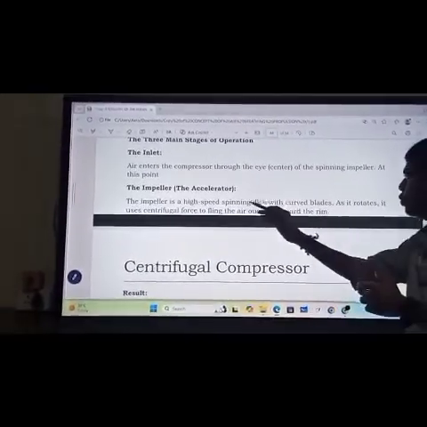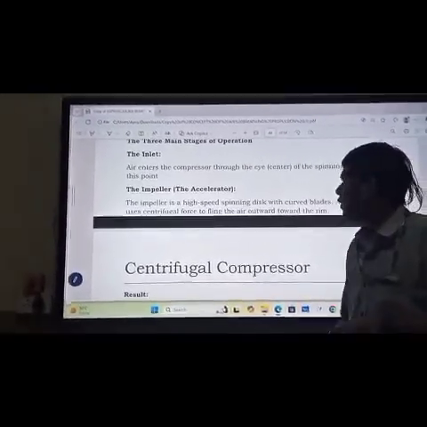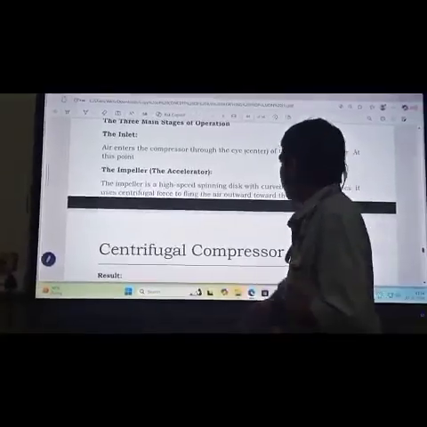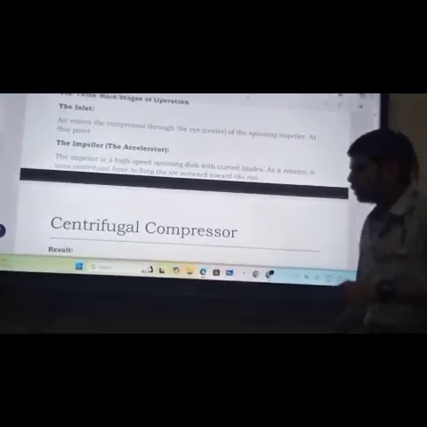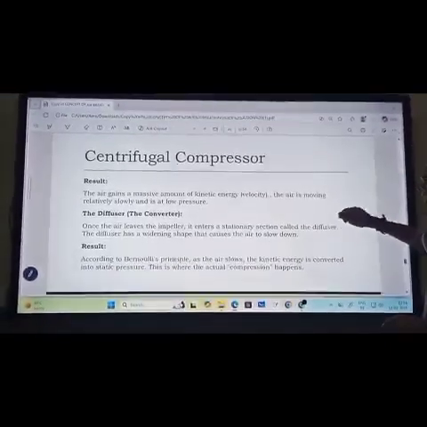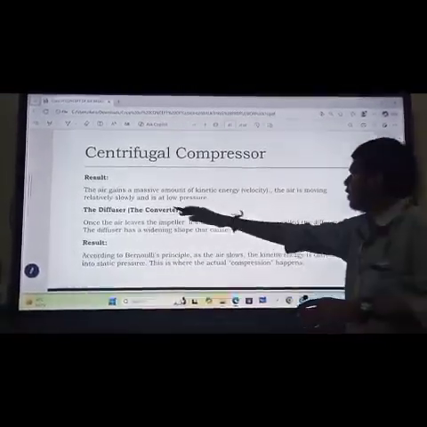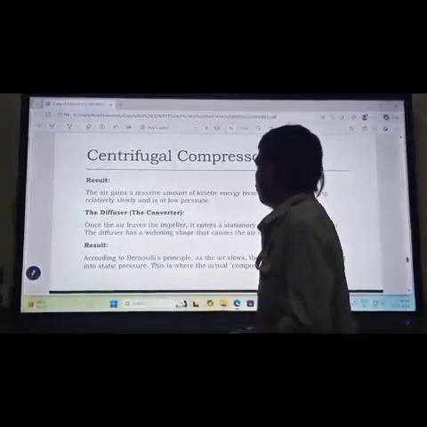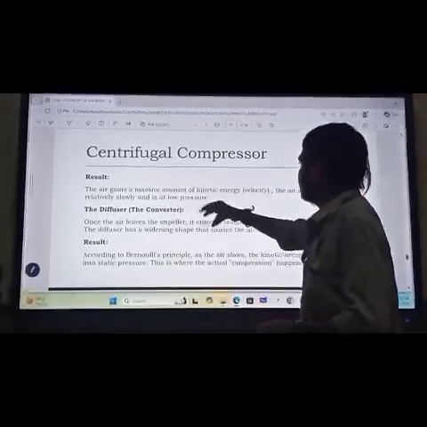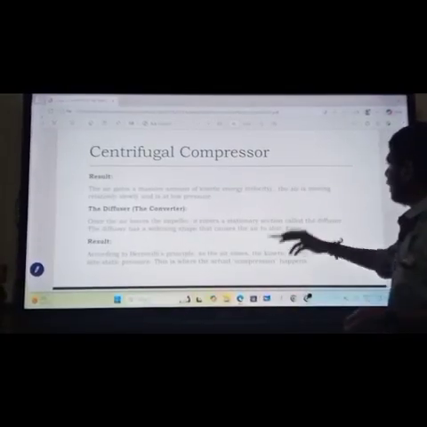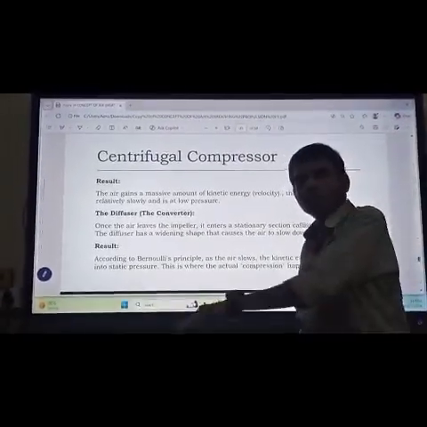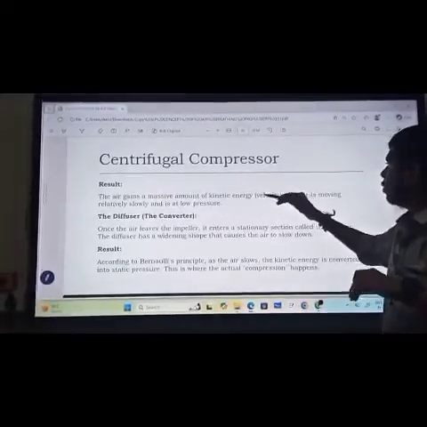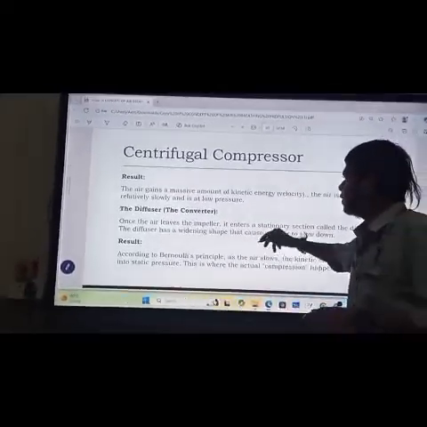As it rotates, it uses the centrifugal force generated to fling the air outward toward the rim. Next is centrifugal compression. The result is that the air gains the maximum amount of kinetic energy and velocity, though the pressure is still low.